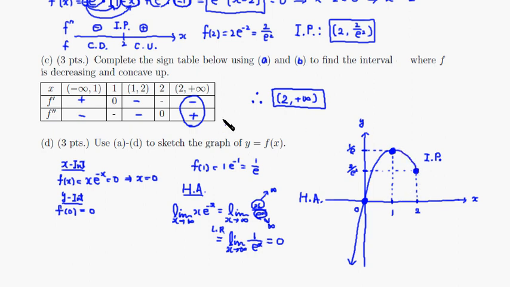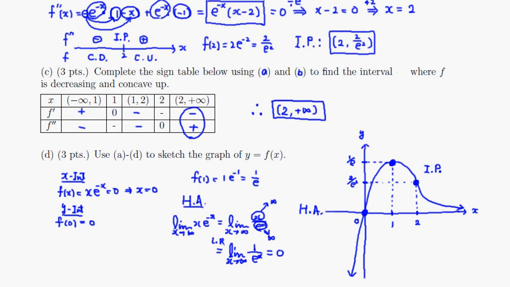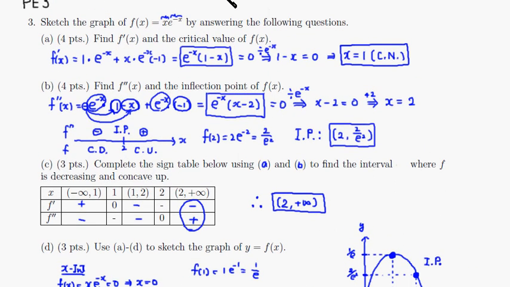After that it's decreasing and concave up, and you have a horizontal asymptote here, so it's going to look like that. So that's the graph of y equals x e to the negative x.